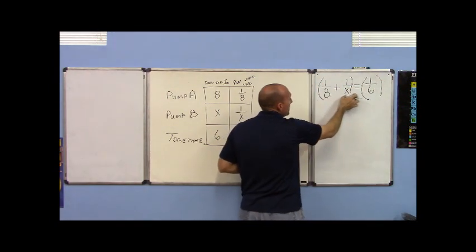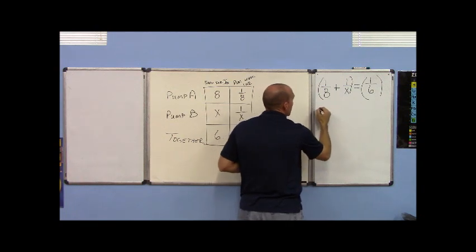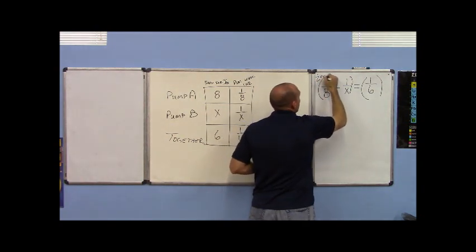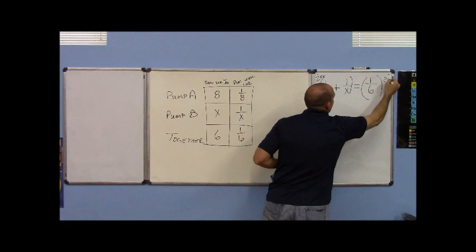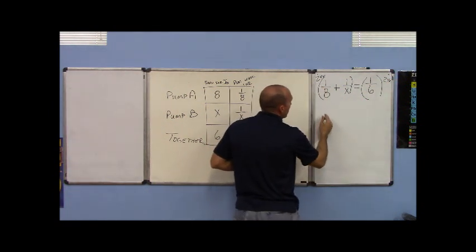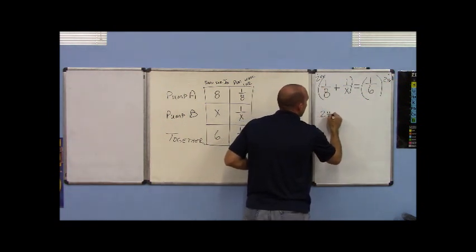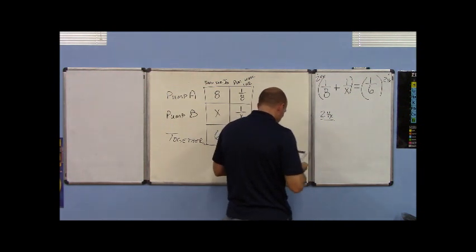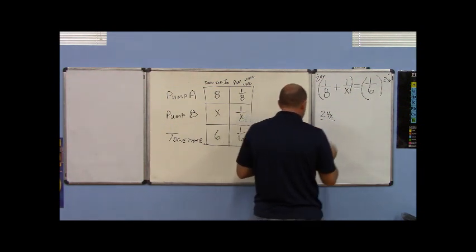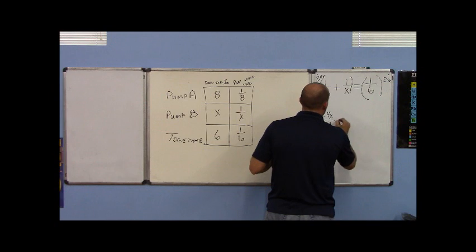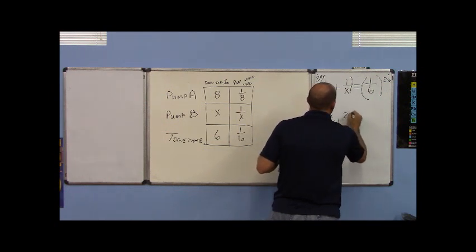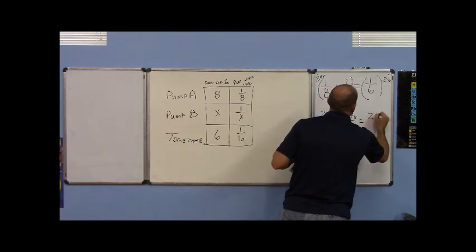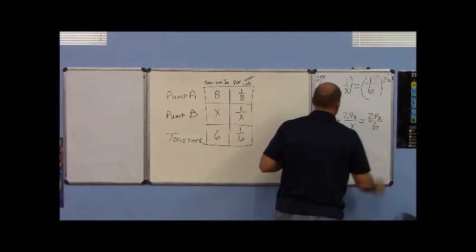Okay, so each of these and this as well. We're going to multiply it times 24x and 24x. So what we have here is 24x over 8 plus 24x over x and 24x over 6.